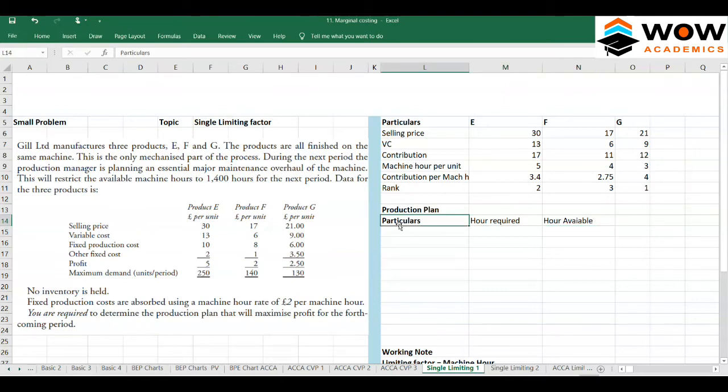There are three products here: E, F, and G. How many hours will E require? That we have to find out.